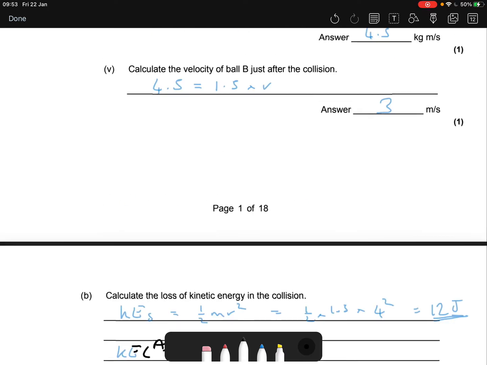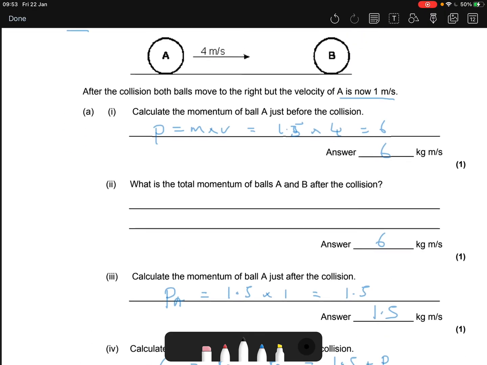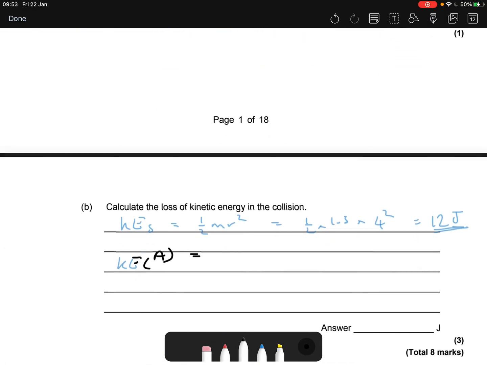The kinetic energy of ball A, just got to check my masses, so 1.5 and 1.5 and 1. So kinetic energy is half times 1.5 times 1 squared, 0.5 times 1.5 times 1 times 1. I don't know why I'm doing this into the calculator because I know that's 0.75 joules.